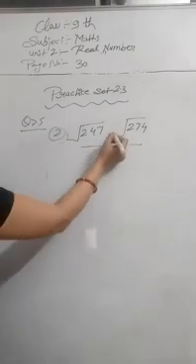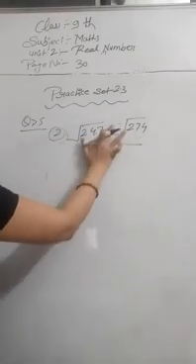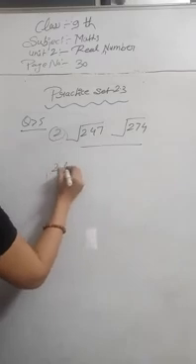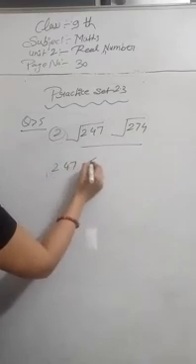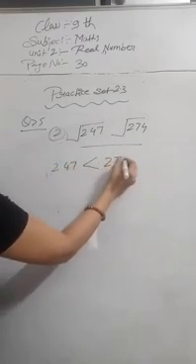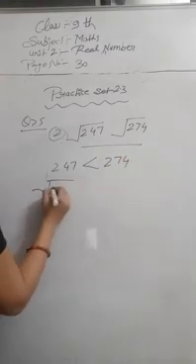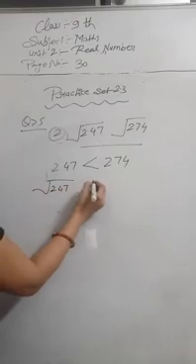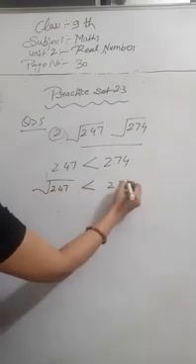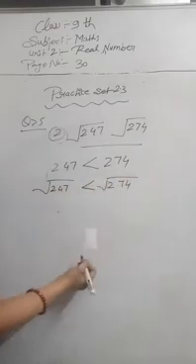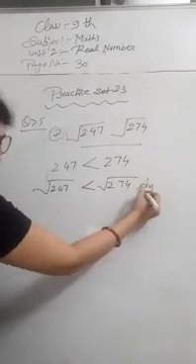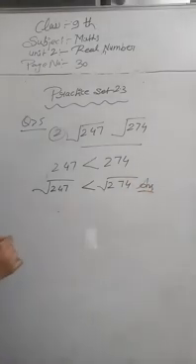So we can see here 247 is less than 274. Root 247 is less than root 274. Clear? So this is our answer.